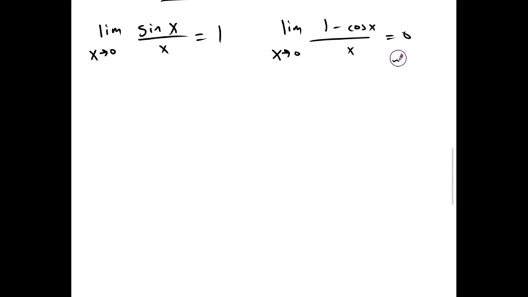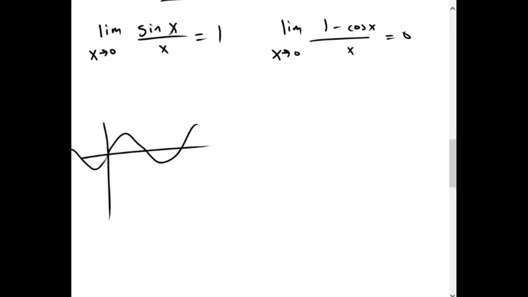All this is saying is, you can kind of see this graphically, sine x looks like this. We look at sine x and we look at the graph of just x. We can see that as we get closer and closer to 0, the values kind of get more and more similar.